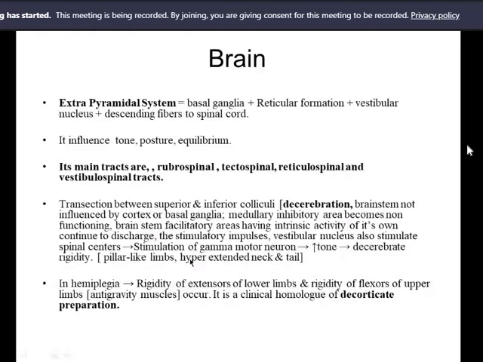In decortication, flexion in the upper limb, flexion in the hand, and extension in the lower limb, extension in leg. Is it clear?